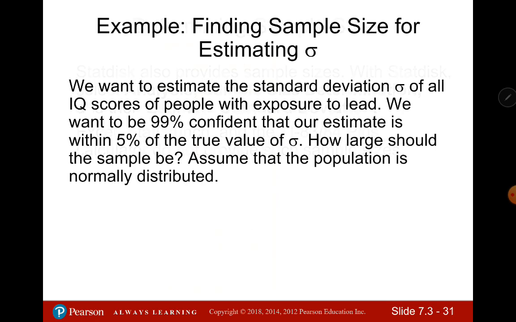Of course you can always use the formula, but the formula maybe sometimes is not easy. Let's check this one. So this time we want to determine the sample size, and we know the 99%, and we know our estimate is within 5% of the true value of sigma, which means the maximum error here is 5%, right?